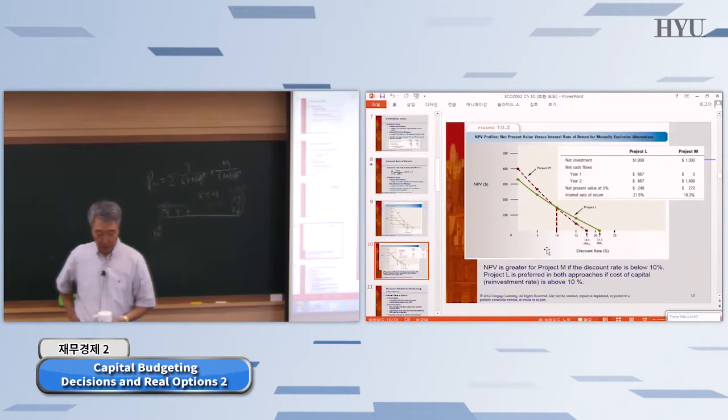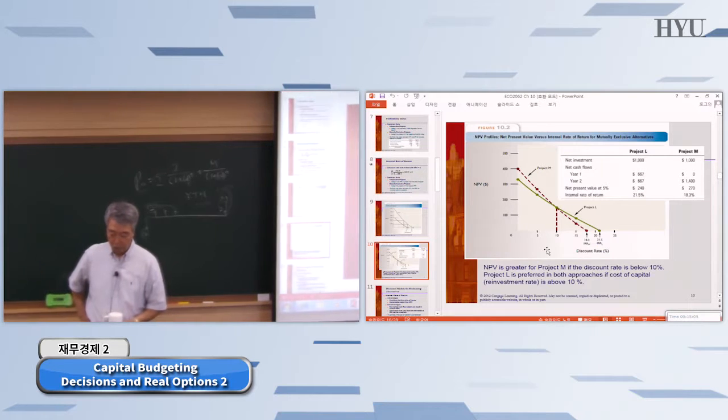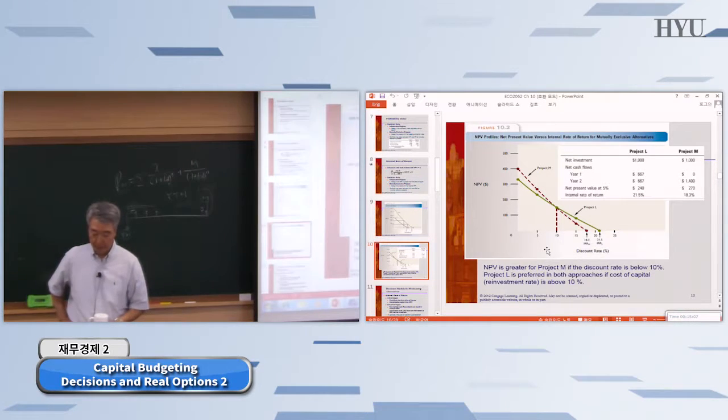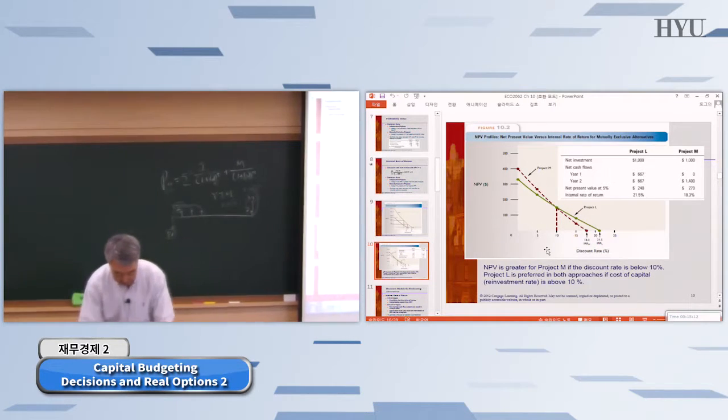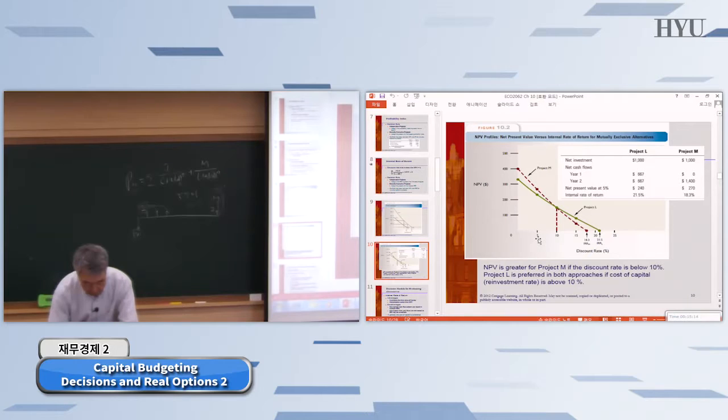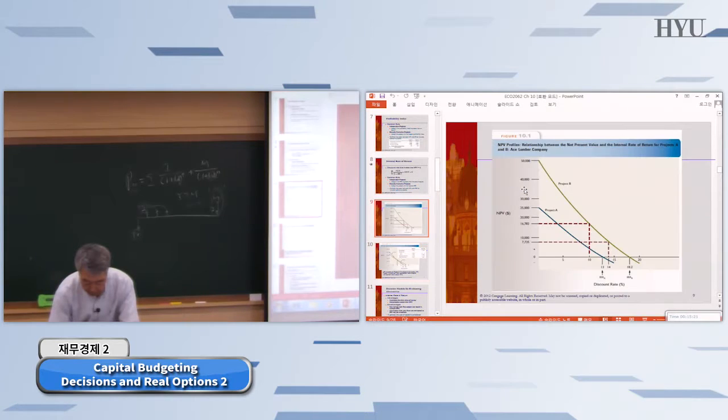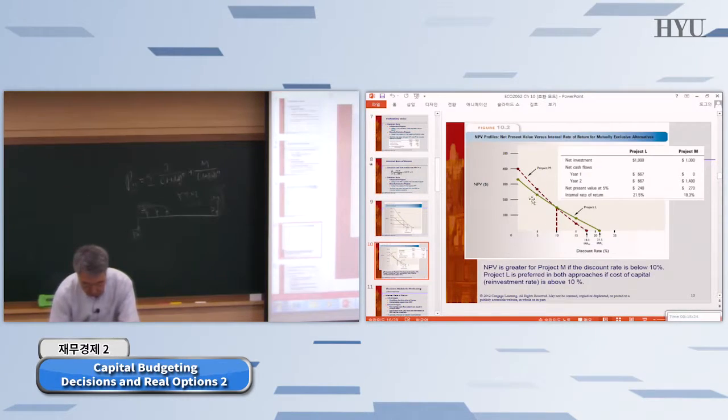So if you calculate the net present value at 5% cost of capital, it comes out to be $240 and $270. We're talking about, at this point, the cost of capital being 5%. Then for project M, the NPV is 270, and for project L, the NPV is 240.